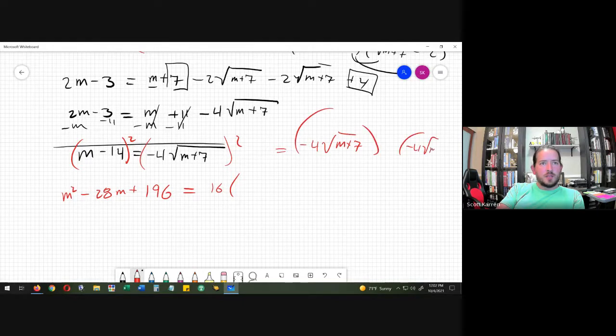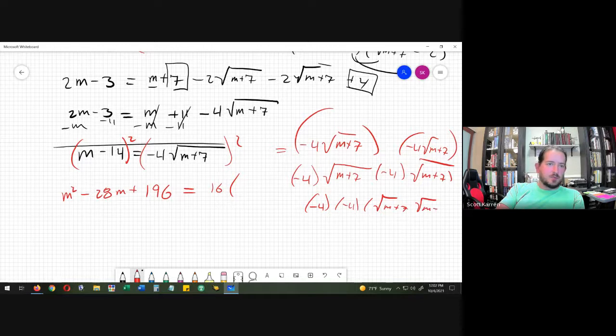This is all just product, so I can write this as negative 4 times negative 4 times root m plus 7 times another root m plus 7.